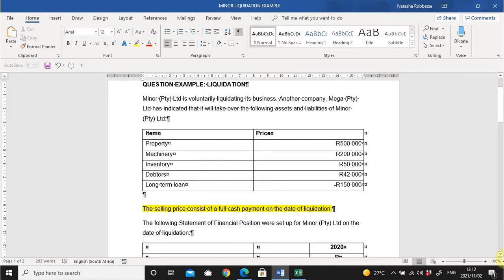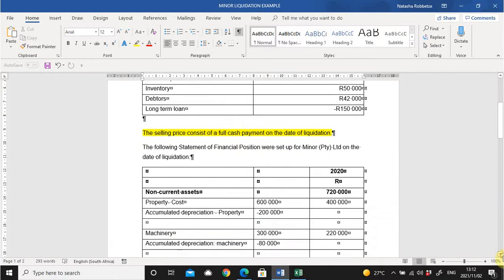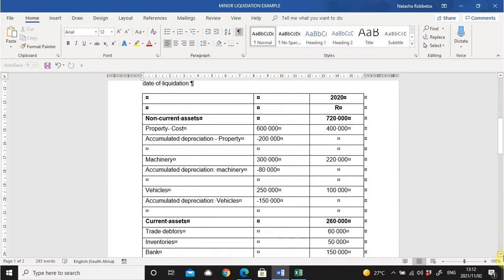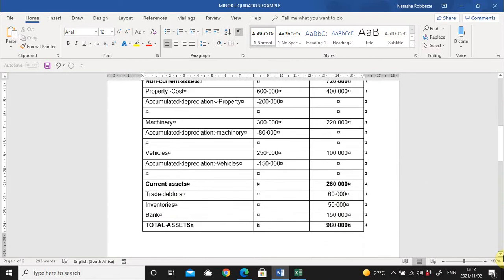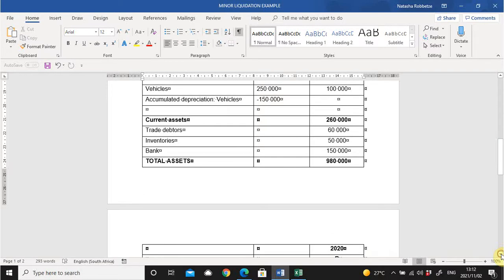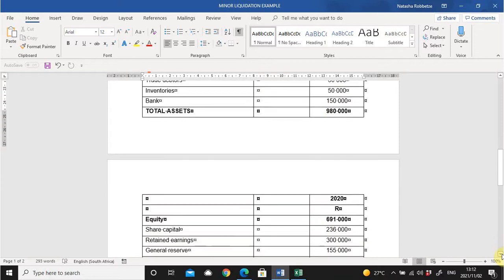Then they say the following is the statement of financial position of Minor on the date of liquidation. We have non-current assets: property and its accumulated depreciation, machinery, its accumulated depreciation, vehicles together with its accumulated depreciation. There are also some current assets in the form of trade debtors, inventory, and bank. You will see that the total assets add up to 980,000 rand.